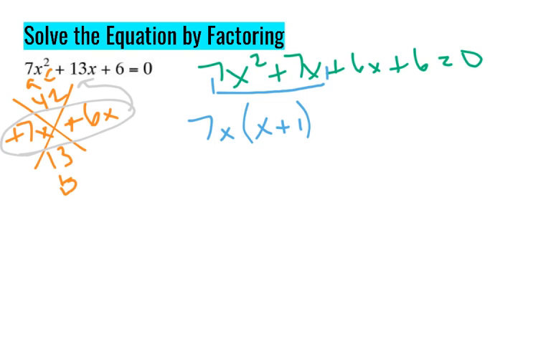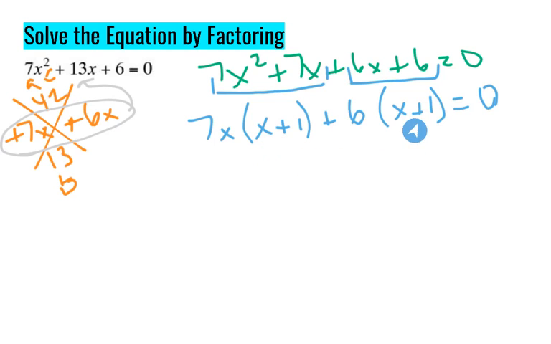Right? Then I'm going to do the same thing over here, and I'm going to put these two terms together, and I'm going to see what I can factor out. And I know that I can factor out a 6. And after I factor out a 6, I'm left with x plus 1, and I know those equal 0. So now I'm going to look at my quadratic that I've started to factor, and I'm going to see if there's another term they have in common that I can factor out.